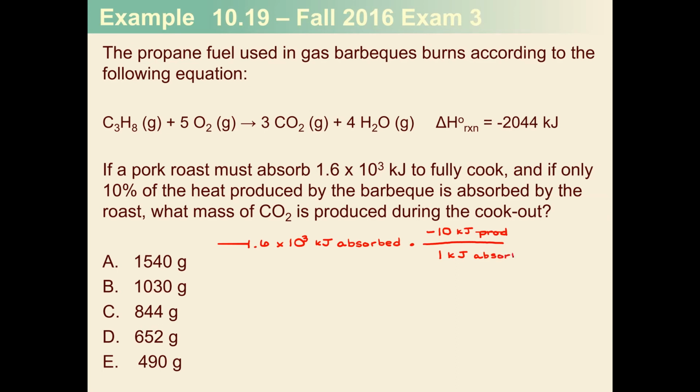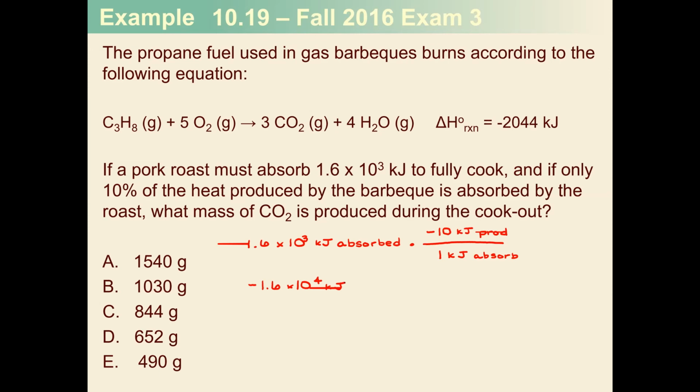So this is where the 10% efficiency comes in. If that is the case, we know that our grill has produced a negative 1.6 times 10 to the fourth kilojoules. So this is how much energy the grill actually produced, and only 10% went in to our pork roast.